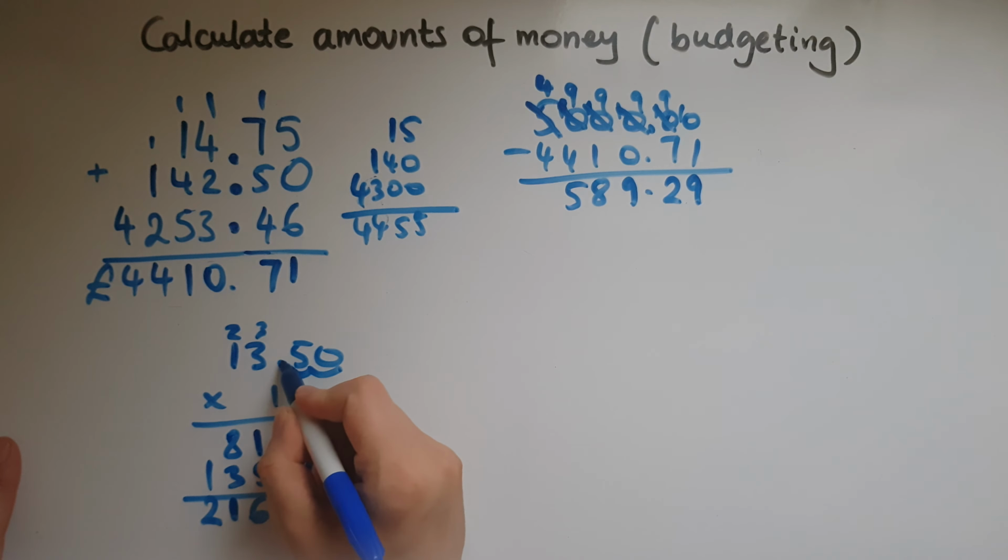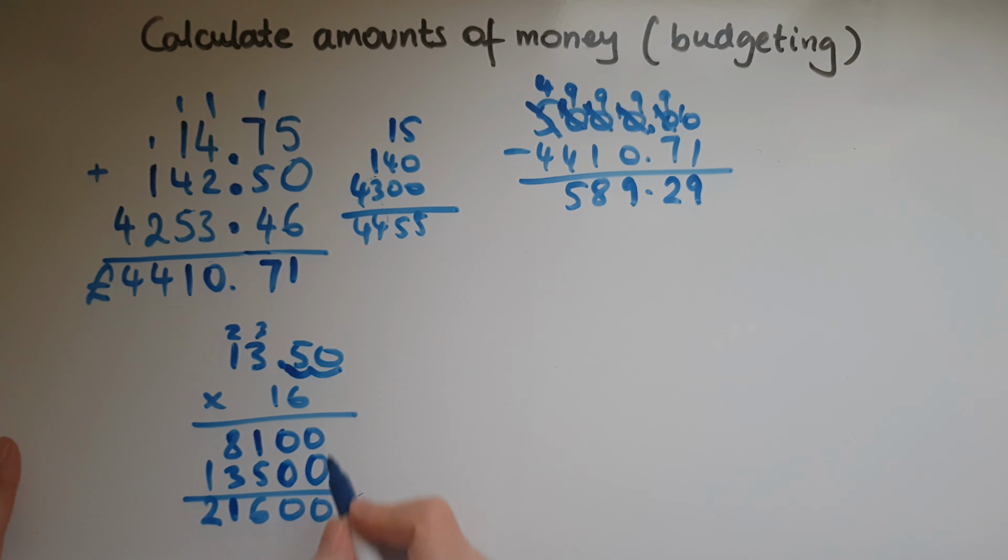There is a decimal point, so we've got 2 digits after the decimal point. We haven't got any here because there is no decimal point at all, but if it was, it would be here. So no digits after it. We'll give this final answer 2 decimal places as well. So we go 1, 2. So the answer will be £216.